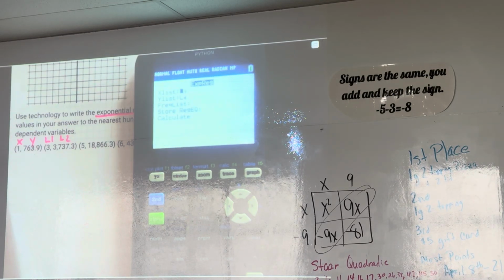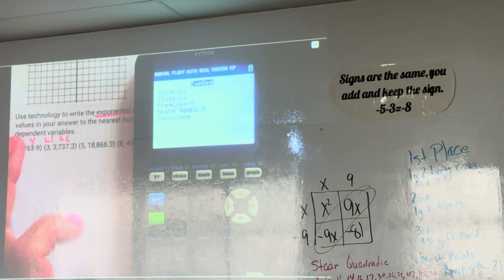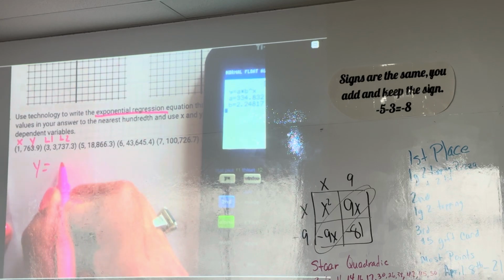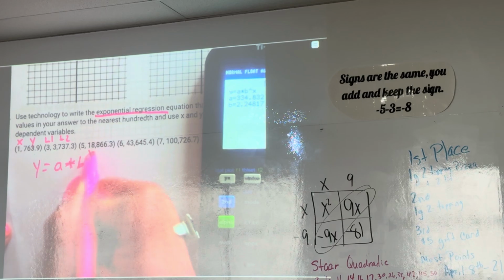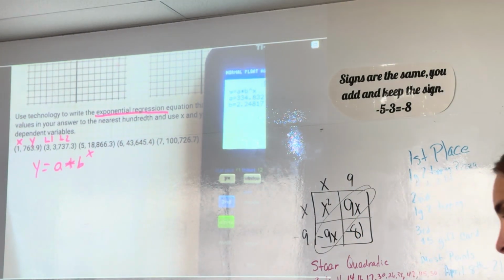So enter, and I have my stuff on L1 and L2, and so your form, did I lose somebody? So stat, calculate, and 0 instead of number 4, exponential. So y equals a times b raised to the x. 0, exponential exp.